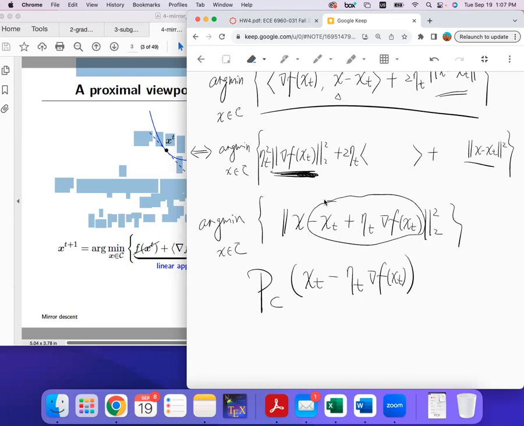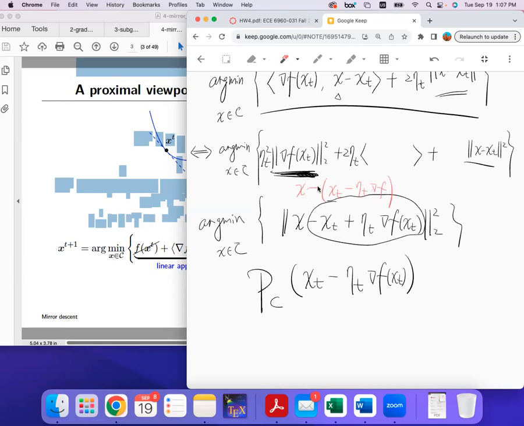This is x minus what? x minus x_t minus eta t times the gradient.